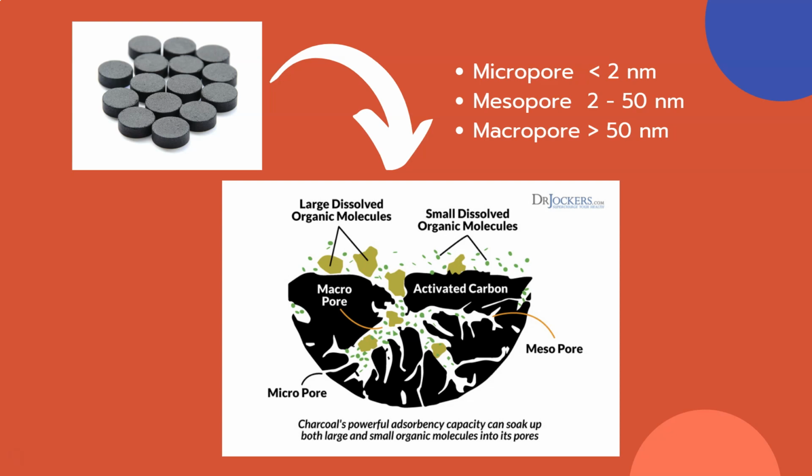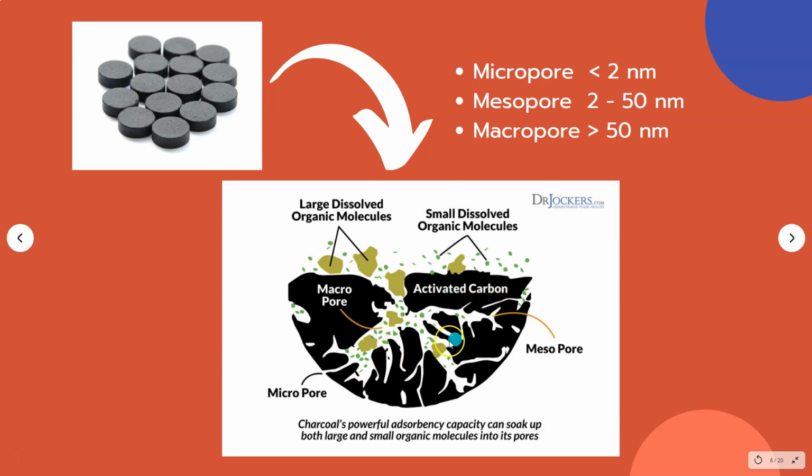There are a few types of adsorbent. Basically, we will classify the adsorbent into micropore, for pores less than 2 nanometer, mesopore, around 2 to 50 nanometer, and macropore, more than 50 nanometer. This is the graphical image of micro, meso, and macropore in the activated carbon.